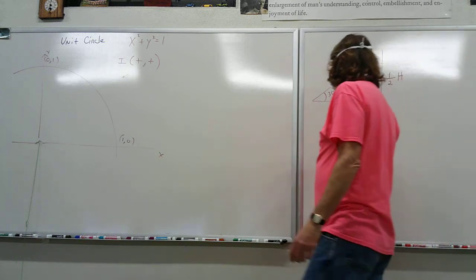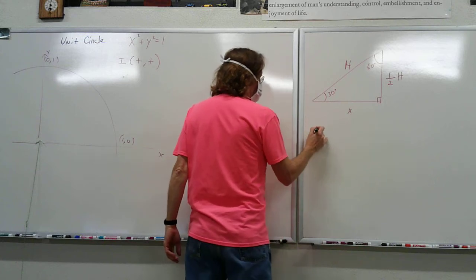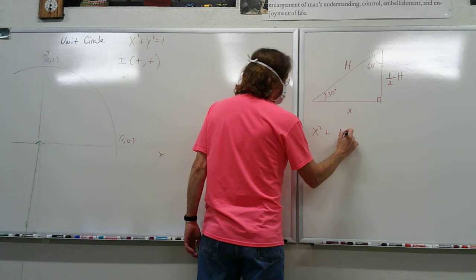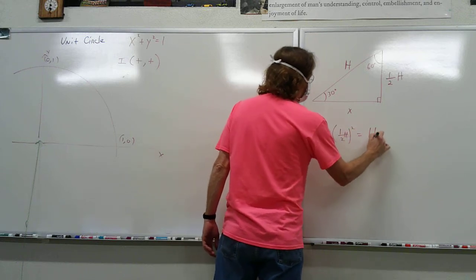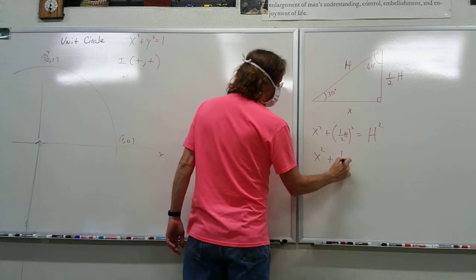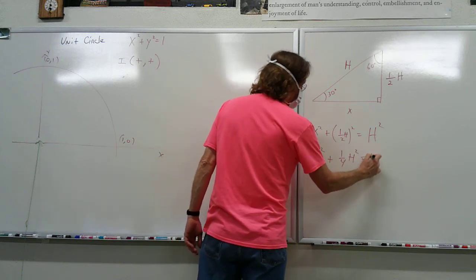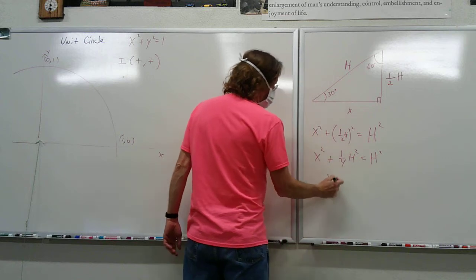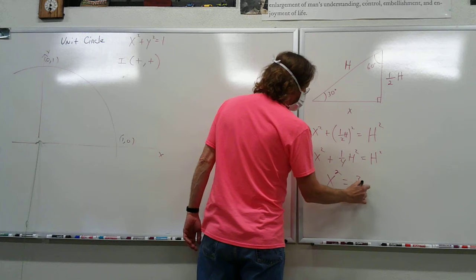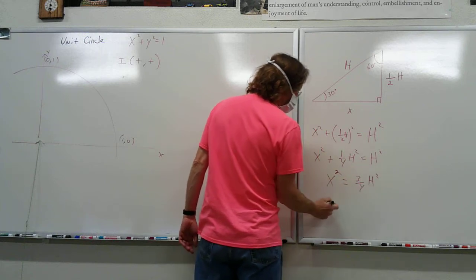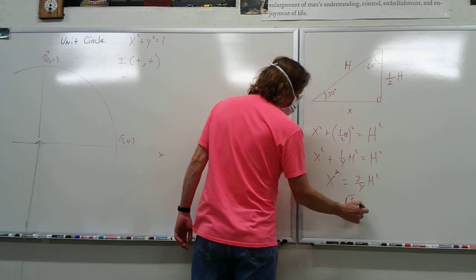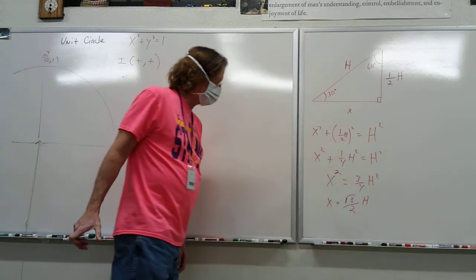And the way to figure it out is to simply go x squared plus 1/2 h squared equals h squared. X squared plus 1/4 h squared equals h squared. X squared equals 3/4 h squared. So x is equal to the square root of 3 over 2 times whatever the hypotenuse is.